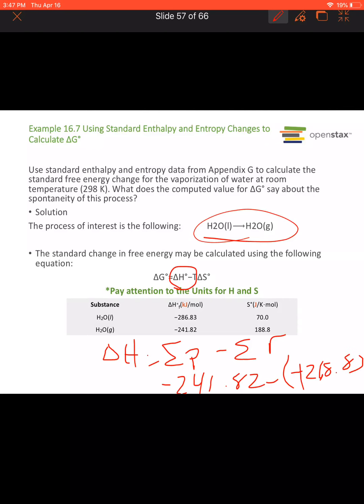And remember, the negative becomes positive. So you should have gotten a positive 40-something for this problem.